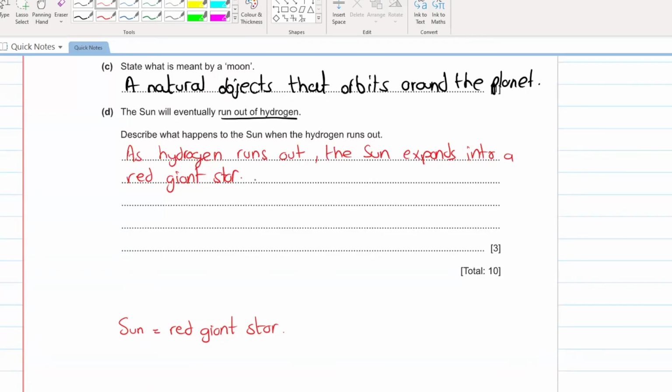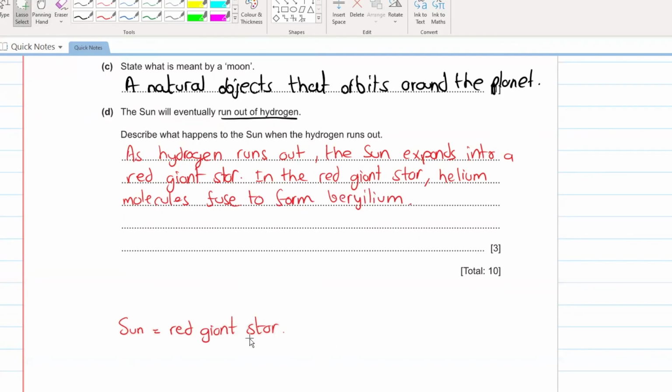What will you further say? Let me write a good answer here. You can say, in the red giant star, helium molecules fuse to form beryllium. Simple.